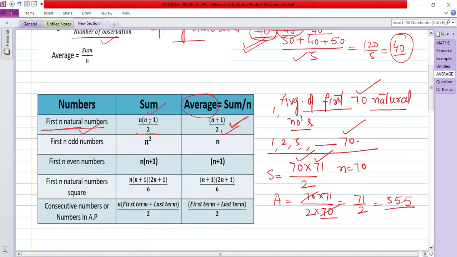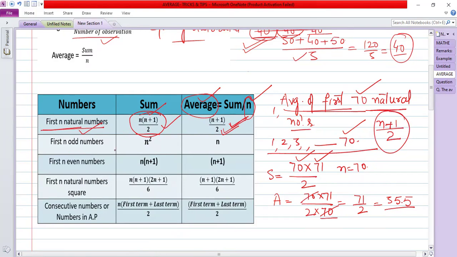The sum of the first n natural numbers is n into n plus 1 by 2, and when we calculate the average, we divide by n. So this expression divided by n leaves n plus 1 divided by 2. The average of the first n natural numbers is n plus 1 divided by 2.